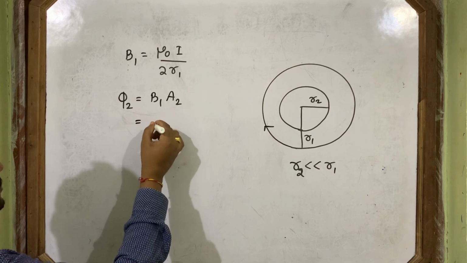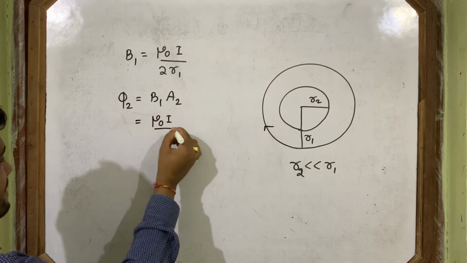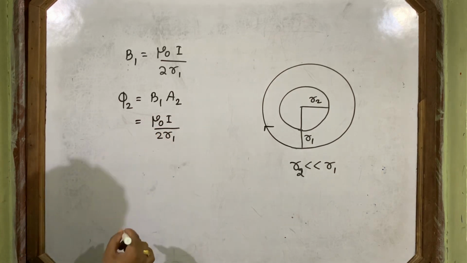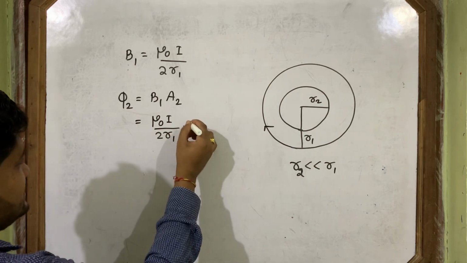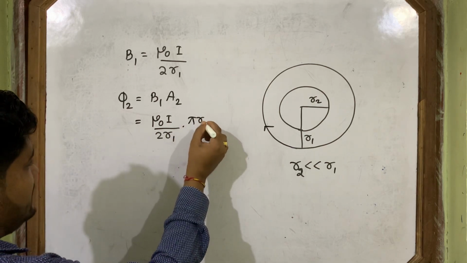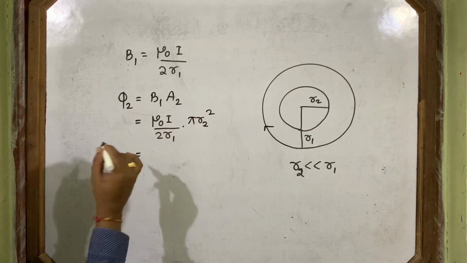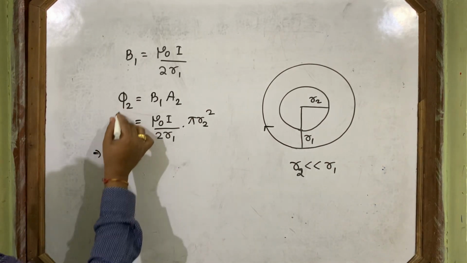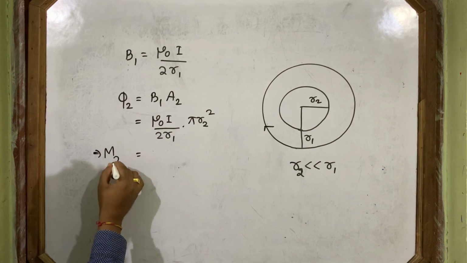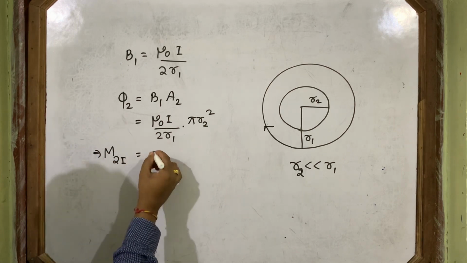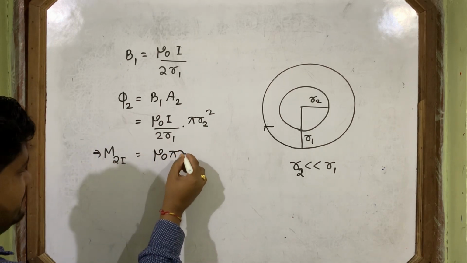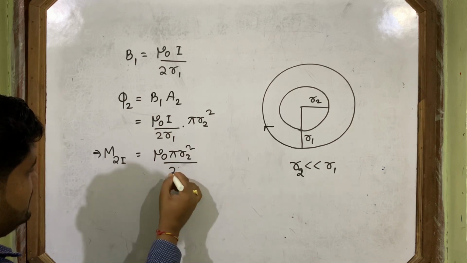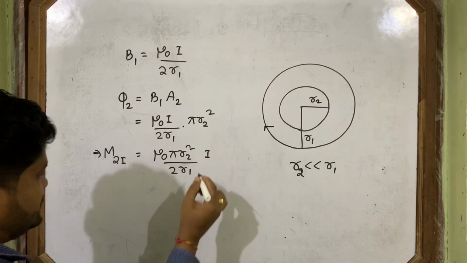B1 is mu naught I by 2R1, and A2 is pi R2 square. Right? A2 is pi R2 square. So in place of phi 2 we can write M21: mu naught pi R2 square by 2R1 into I.